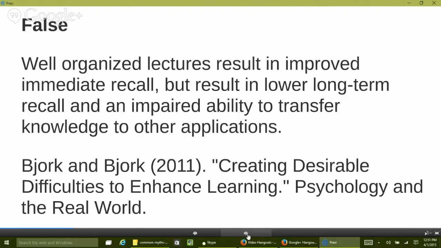You don't want it so disorganized that students are going to be confused, but in general, you want to teach at a level where students have to think about the material and process it as they receive it. You don't want things to be so transparent that they don't have to think about it. They'll just sit there and nod and smile and so forth.